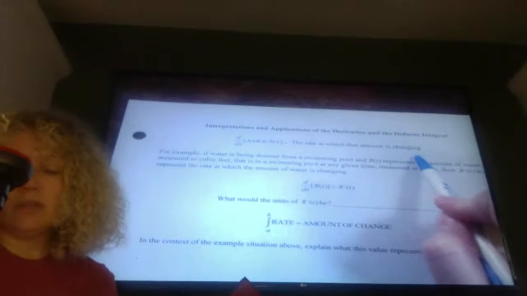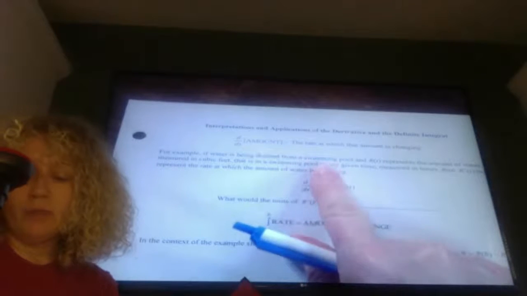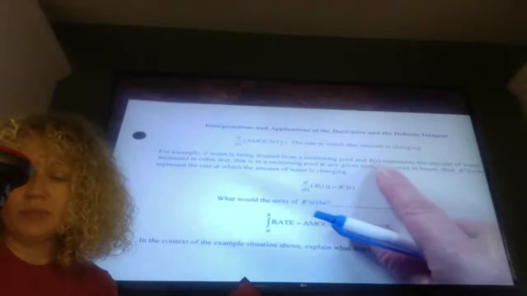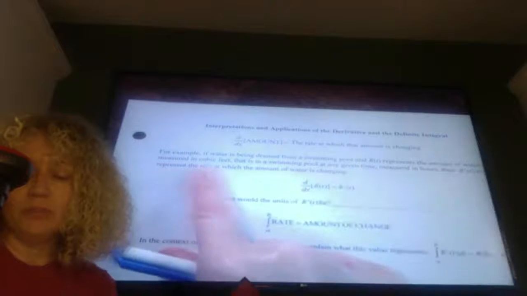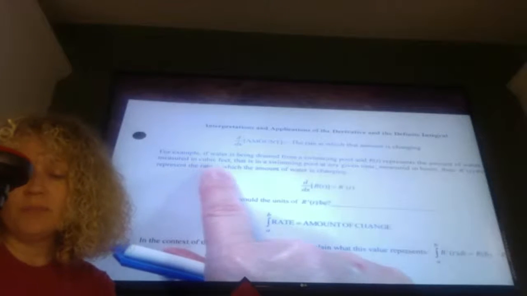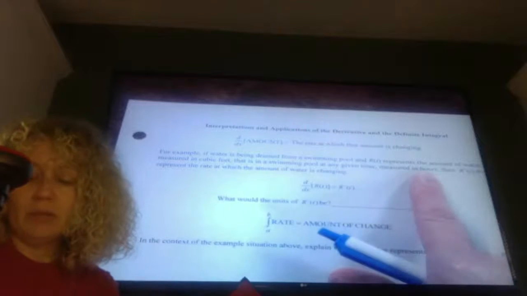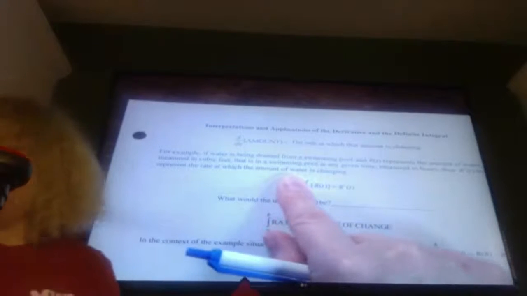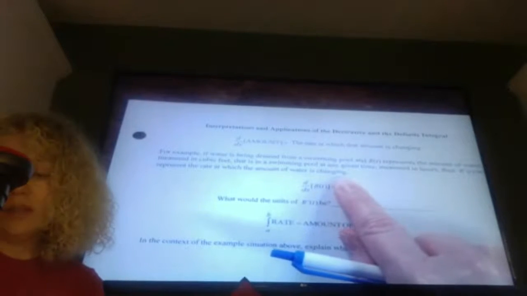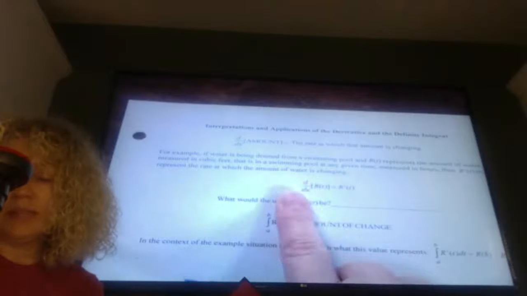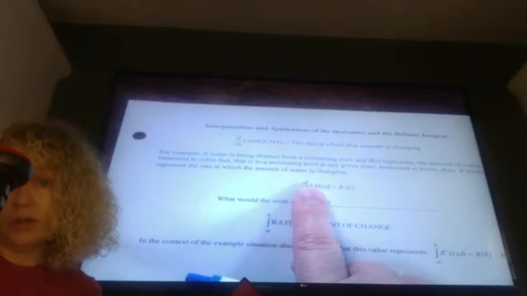Like if water is being drained from a pool, and R of T represents the amount of water, measured in cubic feet, that's in that swimming pool at any given time, measured in hours, then R prime of T would represent the rate that the water is changing. So d dx R of T would equal R prime of T.